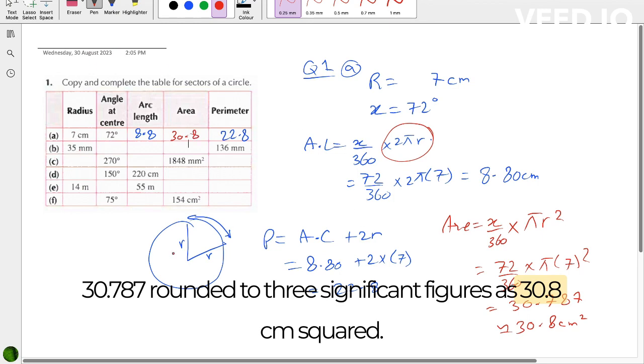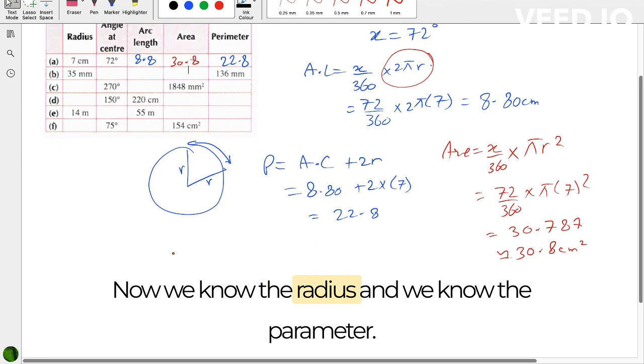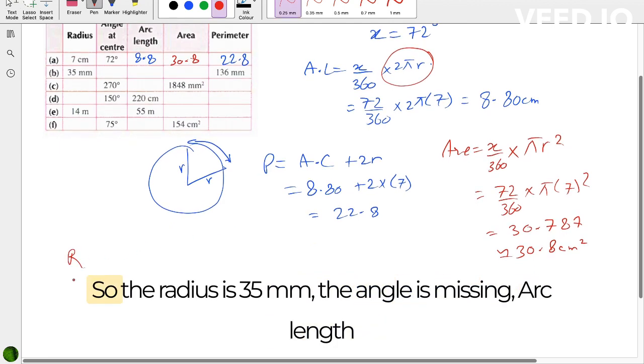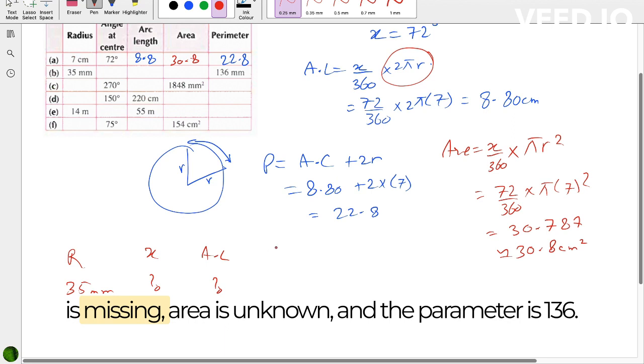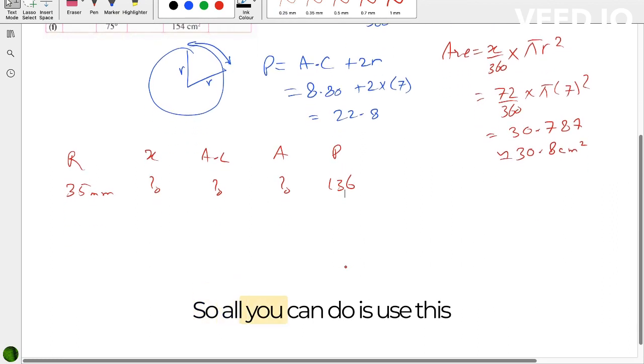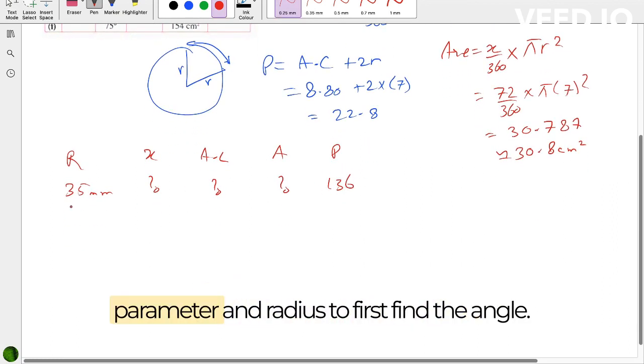Look at the second question. Now we know the radius and we know the perimeter. So radius is 35 millimeters, angle is missing, arc length is missing, area is unknown, and the perimeter is 136. So all you can do is use this perimeter and radius to first find the angle.